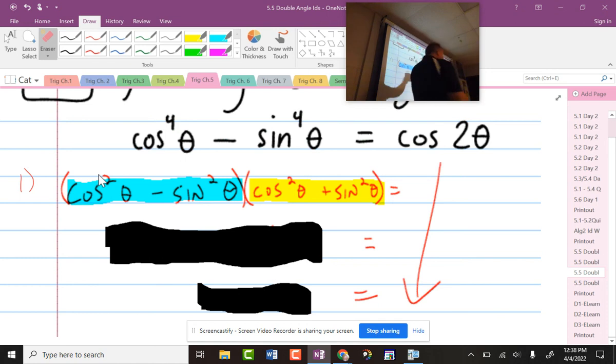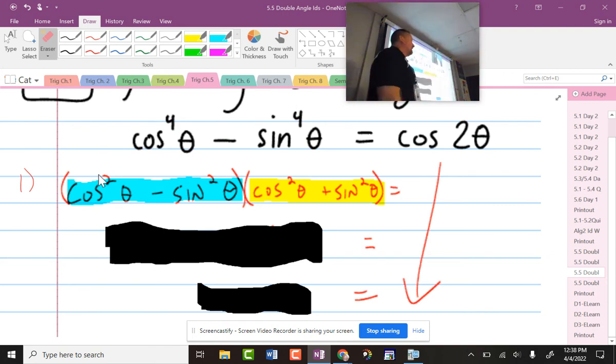1. And then look at your sheets. What is cosine squared minus sine squared equal to? What is that equal to? Look at your identity sheets. Look at the right side as well of this identity because it really steers you in the direction.